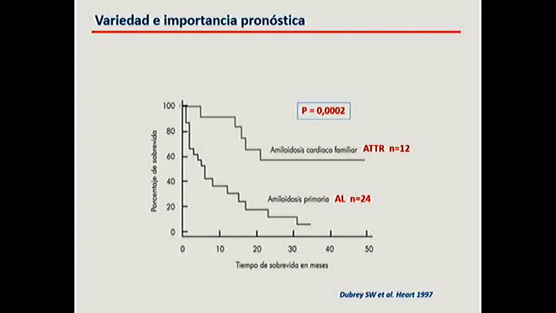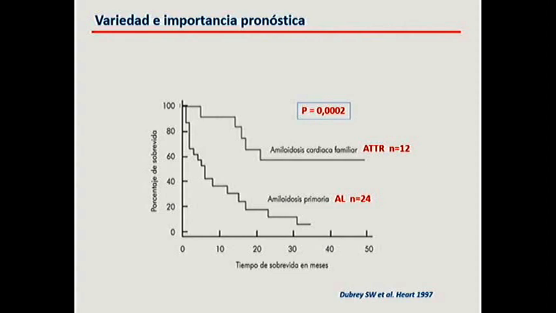Cardiac amyloidosis, familial mutating cardiac amyloidosis, and light chain amyloidosis have been studied in this research, and it was seen that the survival rate was much better in TTR than AL.